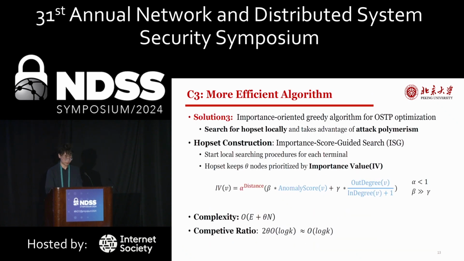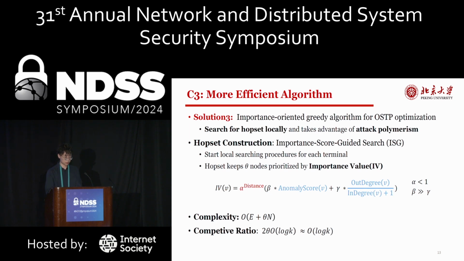After identifying the terminals, an efficient approximation algorithm is needed. It is unacceptable to calculate the shortest path as each new terminal arrives. We design an importance-oriented greedy search algorithm to find the solution. It searches for hopesets locally and takes advantage of attack polymerism in APT attacks.